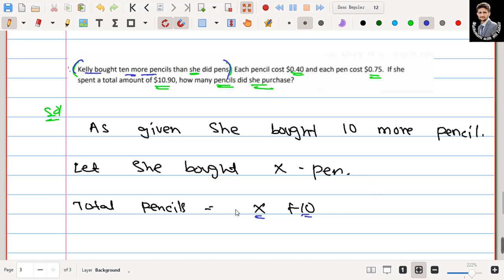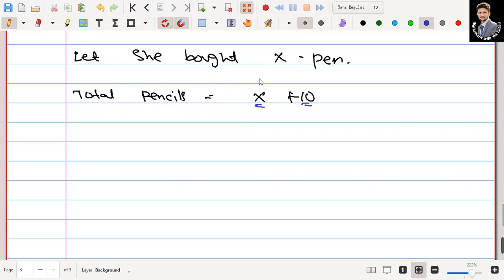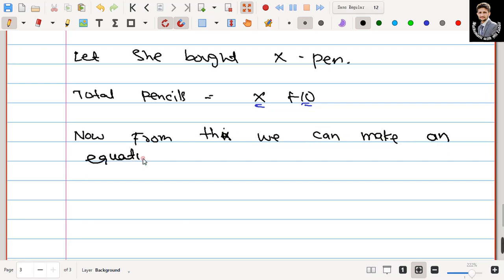So from this we will set an equation to get the total number of pencils. And the equation will be simple.